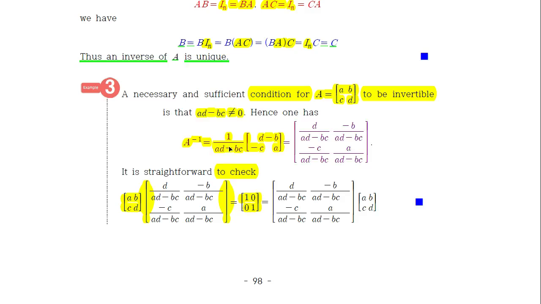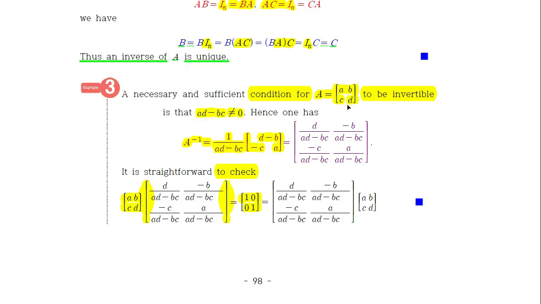So for this 2 by 2 matrix ABCD, if AD minus BC is not 0, then this matrix exists, and if you multiply this matrix by A, then A times this matrix is an identity matrix. Also, this matrix times the matrix A is also an identity matrix, which means this particular matrix is the unique inverse of this 2 by 2 matrix.